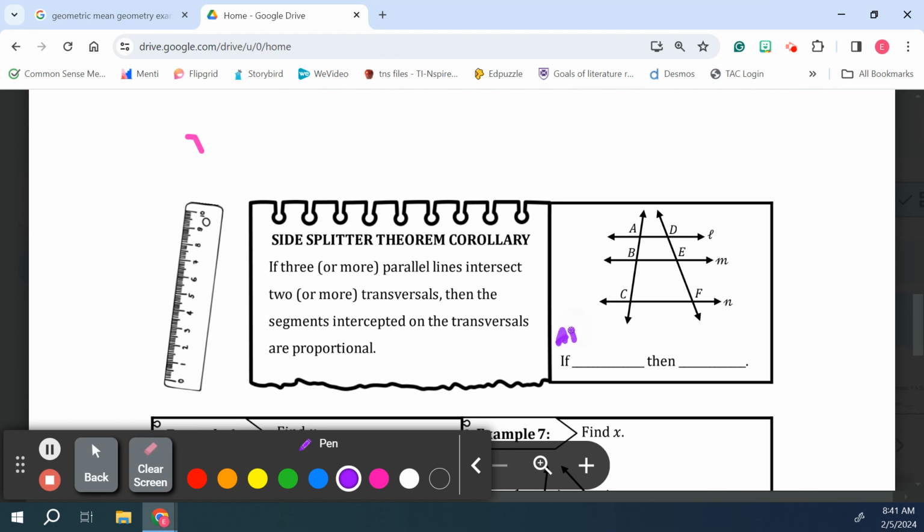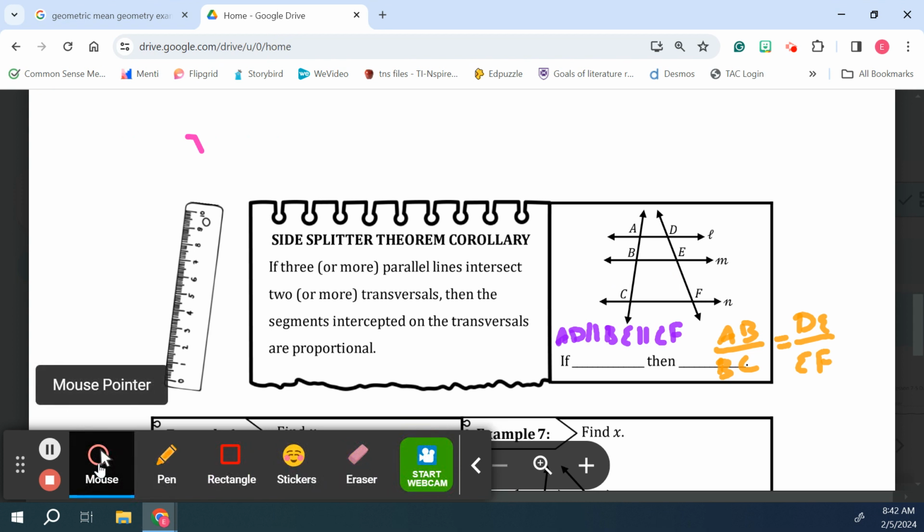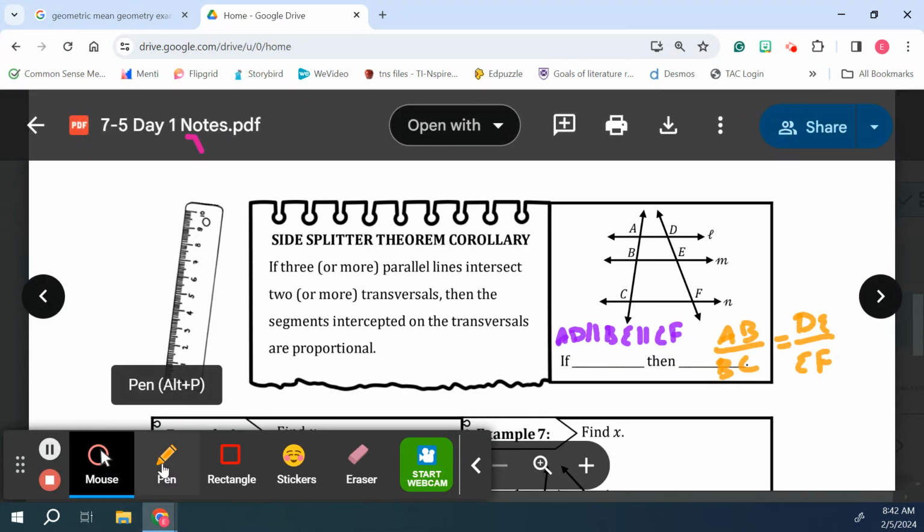If AD is parallel to BE is parallel to CF, then you will have AB over BC equals DE over EF. Show of hands, who is still writing this?